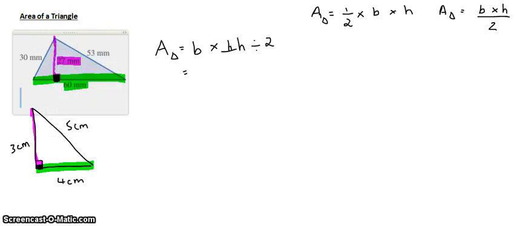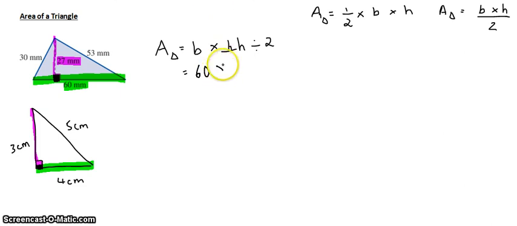The triangle can be moved around and the base might be different on different sides. So you've just got to be aware that the base is adjacent to the perpendicular height, so you know which measurements you're using.